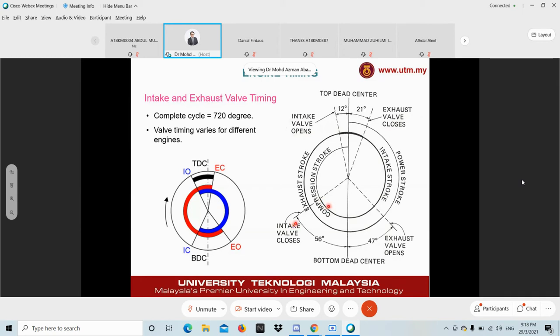It's normal that it closes after the piston reaches BDC and goes into the compression stroke, which is why the intake valve closes 56 degrees after BDC, or 56 degrees ABDC. A stands for after, BDC stands for bottom dead center.